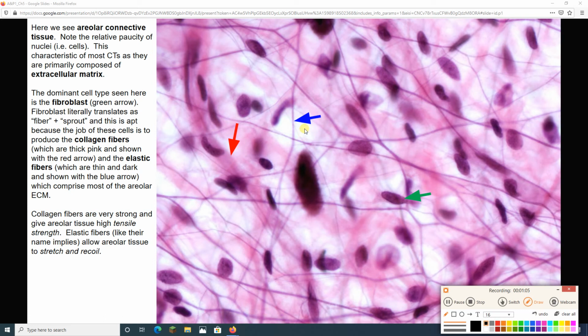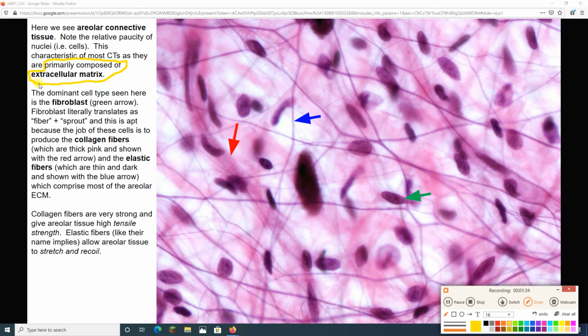Now, this is a characteristic of almost every connective tissue. We'll meet one exception later, but almost every connective tissue is not dominated by cells. Instead, almost every connective tissue is mostly composed of something called extracellular matrix.